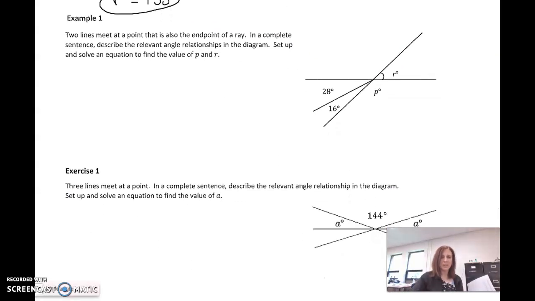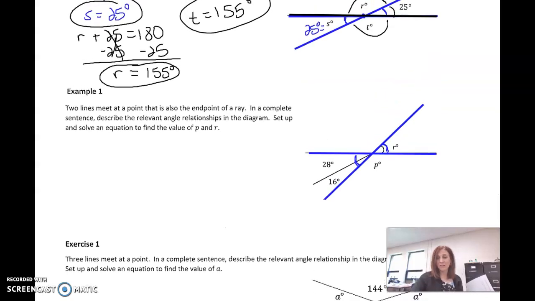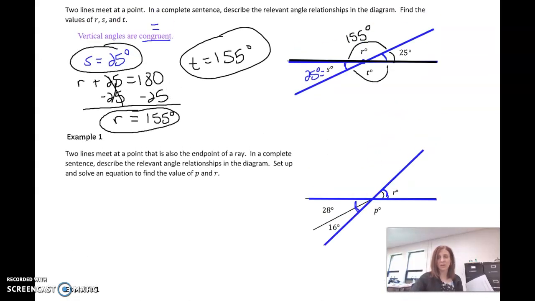You're going to notice what I'm doing in all of these is I'm taking the two lines that intersect at a point and I'm extending them out. We have more than two lines in this one, but when I thicken those two lines, what I notice is that the ones opposite each other are vertical. This angle and this angle are vertical, and vertical angles are congruent.